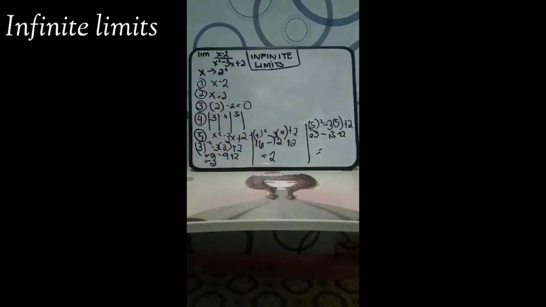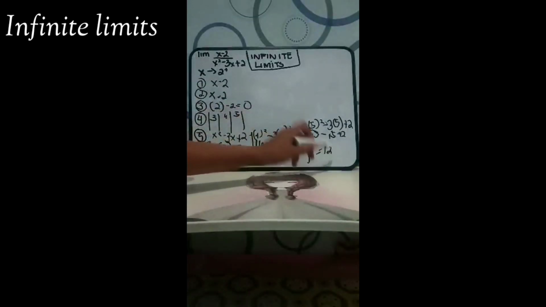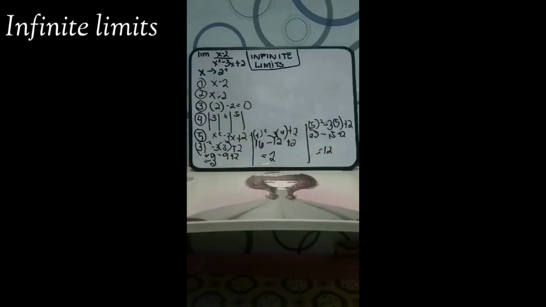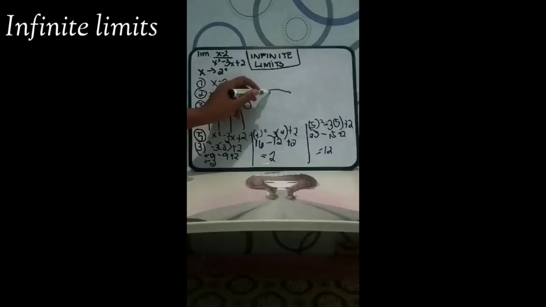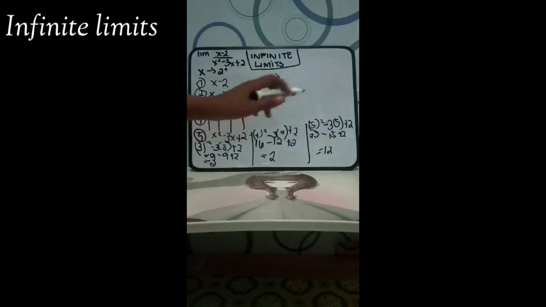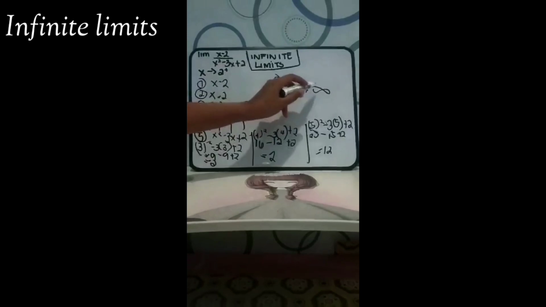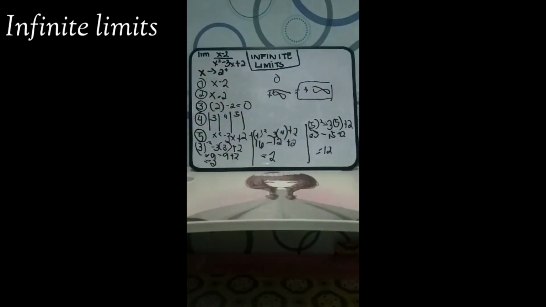Magiging answer natin is 12. Since puro positive ang mga naging sagot natin dito, magiging denominator natin ay positive infinite. Kunin natin si numerator. 0 divided by positive infinite is equal to positive infinite. Sagot natin sa problem number 2 ay positive infinite.